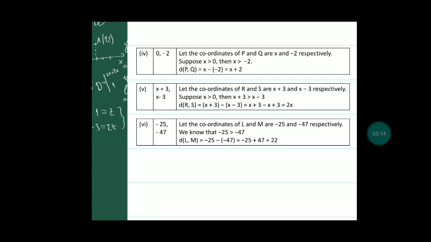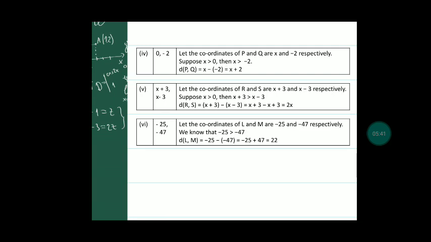Sixth pair is minus 25 and minus 47. Let the coordinates of L and M be minus 25 and minus 47 respectively. We know that minus 25 is greater than minus 47.